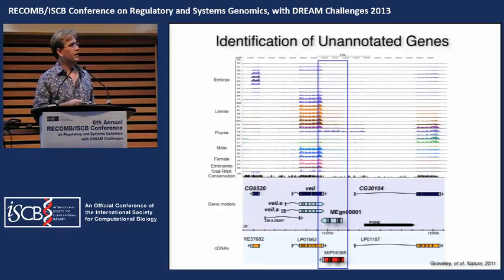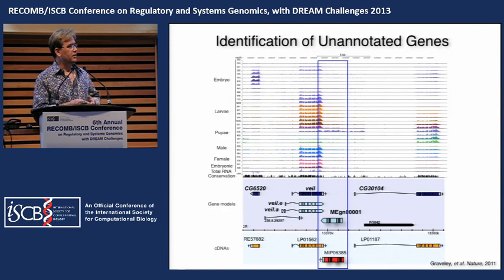The first is, these are the RNA-seq tracks from the developmental time course here. There are 30 time points, and there's this gene I've highlighted in blue here. What you can see is it's expressed at significant levels in only one of the 30 time points, maybe two of them. So if you never queried that particular time point, you would never see this gene being expressed. The other thing is that many of the gene prediction programs use conservation as a means for identifying genes.